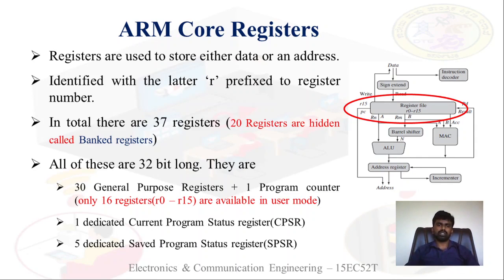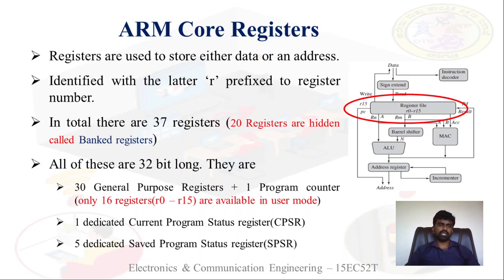These registers are identified or named with the small letter r prefixed to the register number. For example, register 0 is represented as R0. Similarly, R1, R2, R3, and so on. So this is the representation.